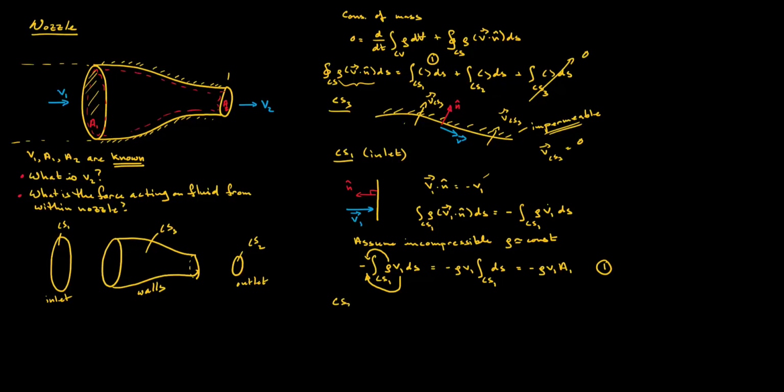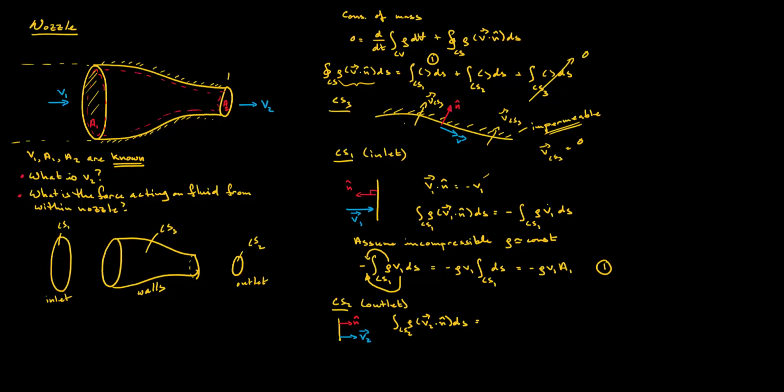Now let's look at control surface 2, which is the outlet. So at the outlet, we're going to have a velocity v2, and we also have a unit outward normal n. Okay, so the integral over the control surface of rho v2 dotted with n dS will be equal to, well, v2 and n are acting in the same direction.